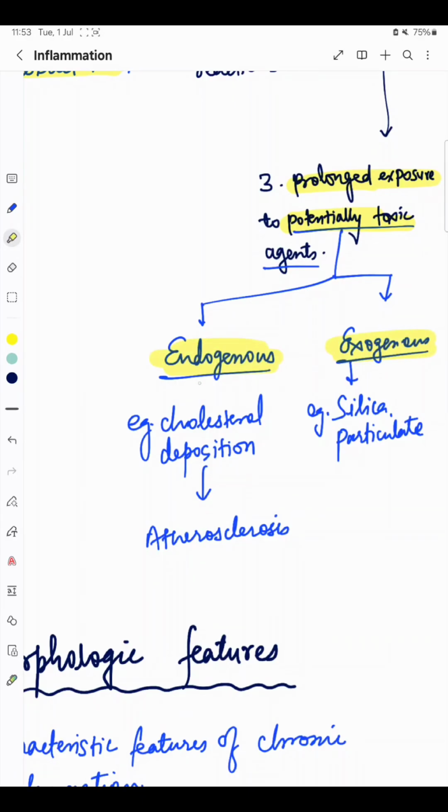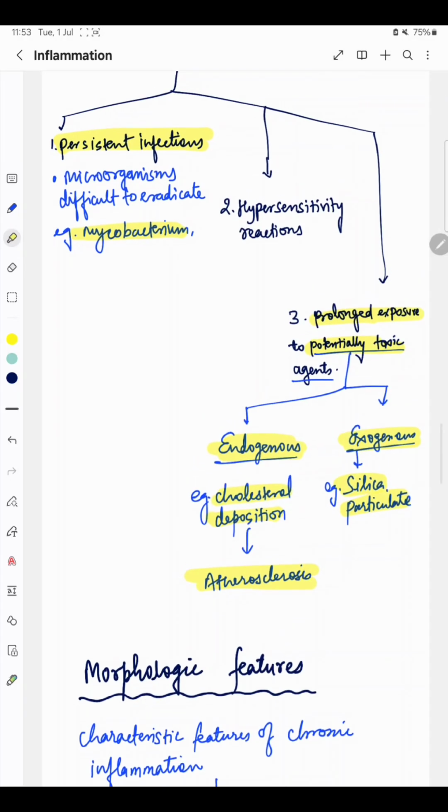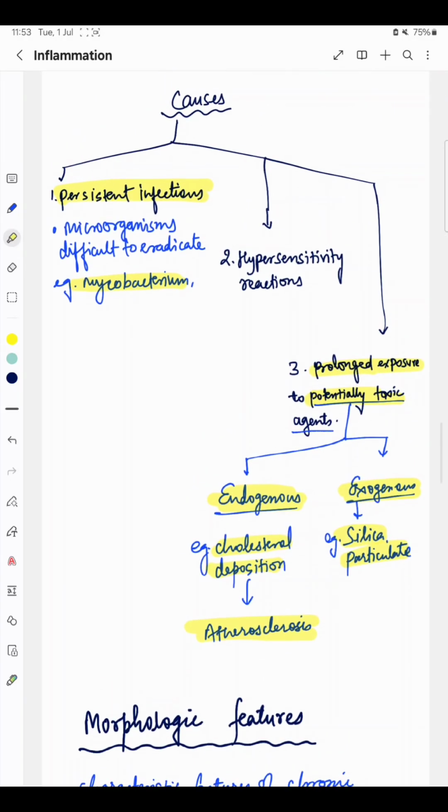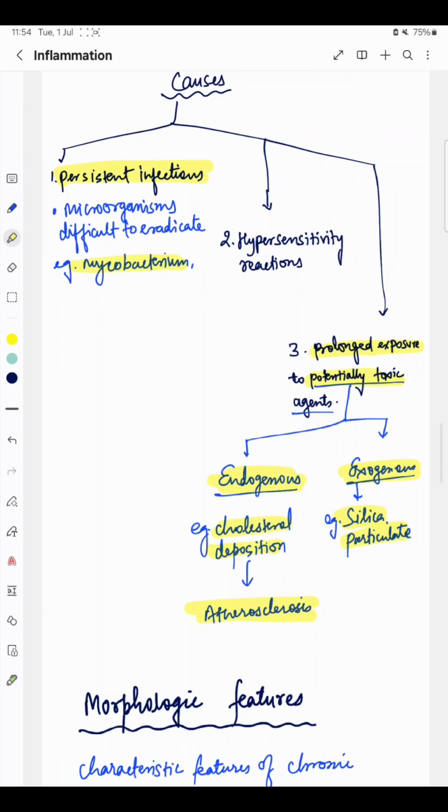In endogenous, cholesterol deposition which is seen in atherosclerosis, and in exogenous toxic agent, silica particle can also be responsible for the chronic inflammation. So broadly we have seen three causes: persistent infection, hypersensitivity reaction, and prolonged exposure to potentially toxic agent which can be endogenous or exogenous.